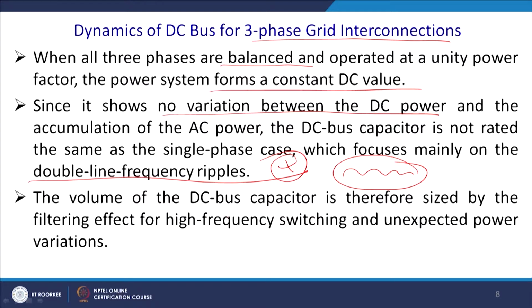The volume of the DC bus capacitor is therefore sized by the filtering effect of the high frequency switching and unexpected power variation. So, thus using a 3 phase system inherently has an advantage over the single phase system, but it depends whether you are connected to your PV, whether your power evacuation is done by single phase or 3 phase, that depends on the rating.